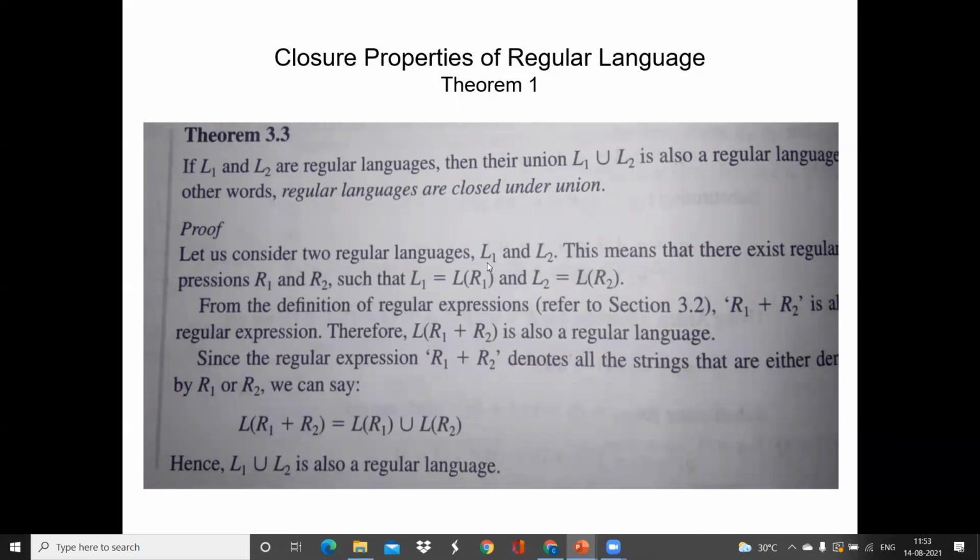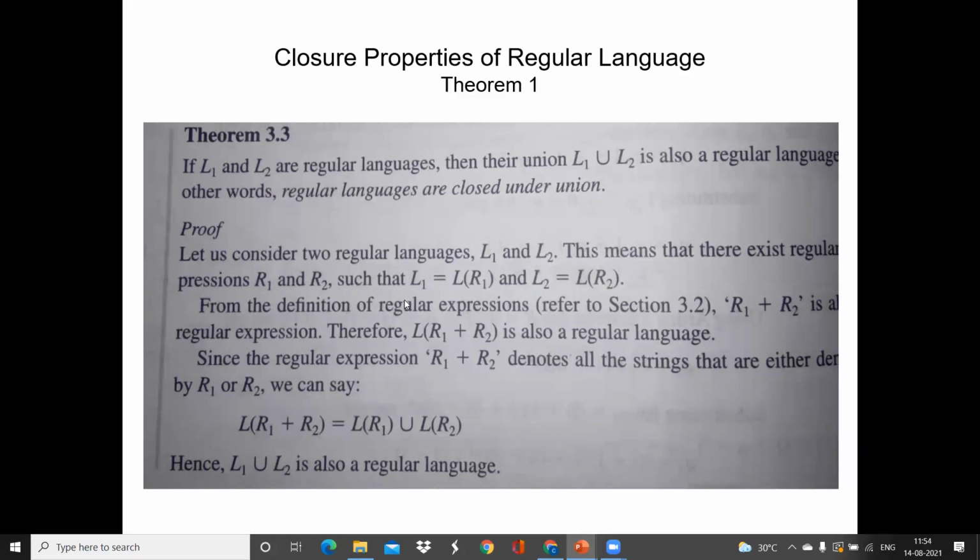So here they have shown L1 and L2 as the languages, and these two languages are represented by R1 and R2, these two regular expressions respectively. So L1 is equal to language of R1 and L2 is equal to language of R2.